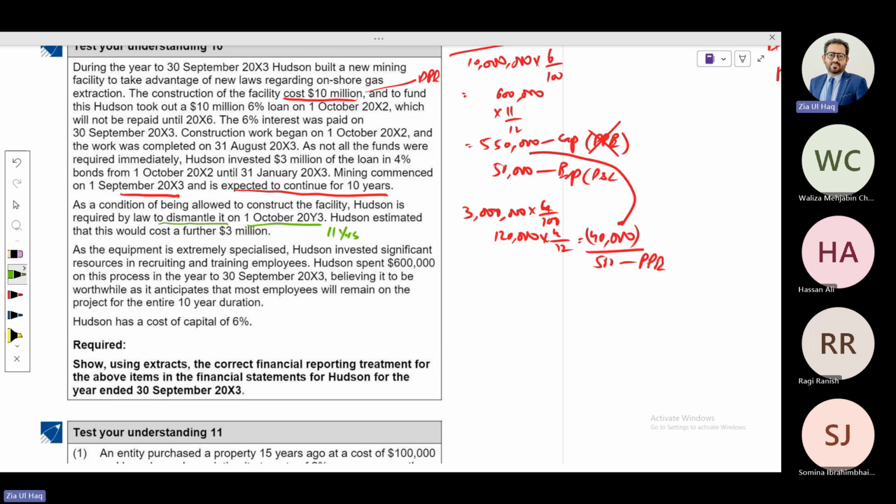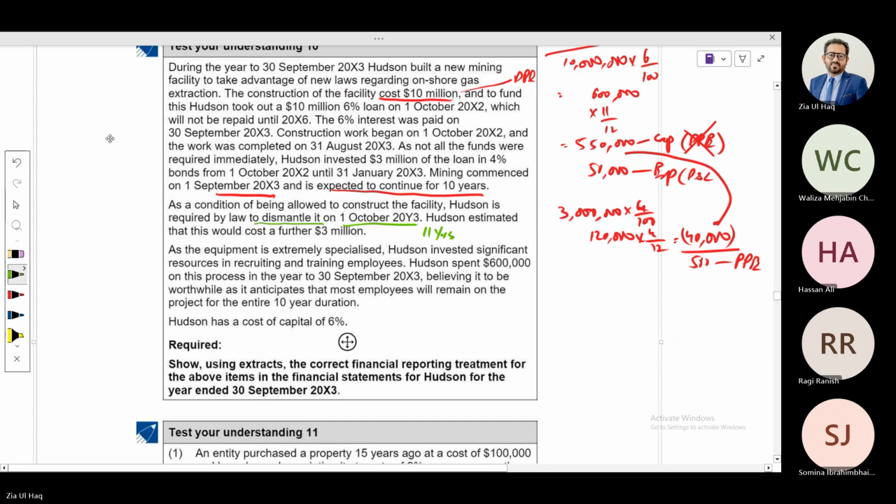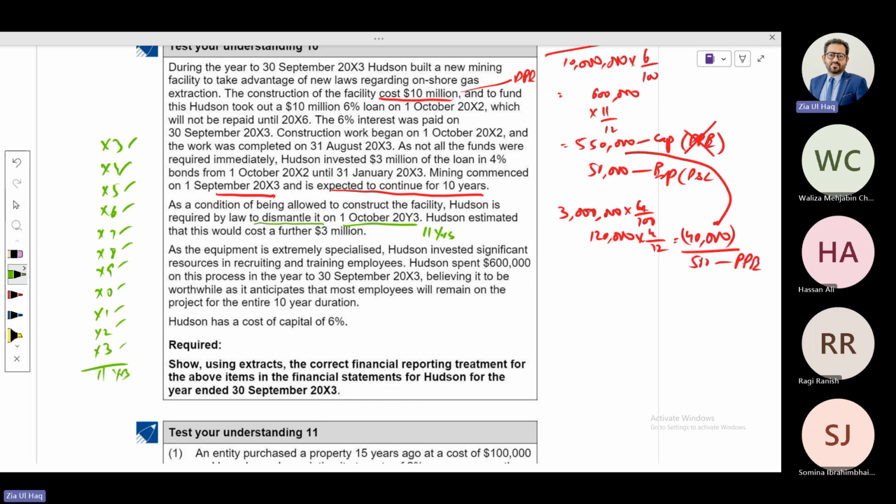That comes after 10 years of this. 1st October means the current year is complete till 20x3, 20x4, 20x5, 20x6, 20x7, 20x8, 20x9, 20x0, y1, y2, and then till 30th September, y3. How many? 1, 2, 3, 4, 5, 6, 7, 8, 9, 10, 11. After 11 years, we need to dismantle.